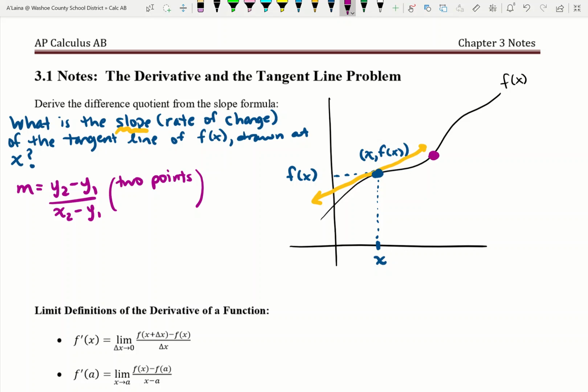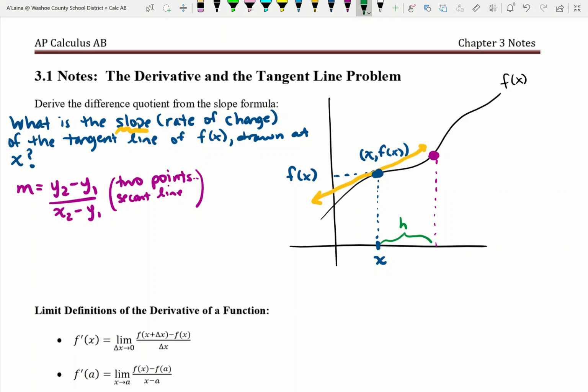Like maybe I choose some other point. So if I look at 2 points, I'm really looking at a secant line, not a tangent line. So I'm going to explore this second point here, which is somewhere else along the x-axis as an input for f of x. Let's just call this length in between these 2 points some random variable h.